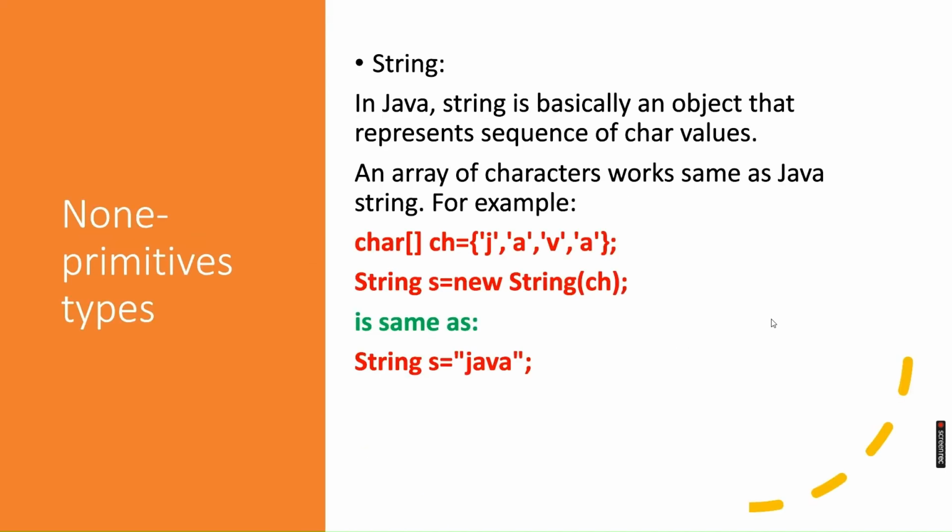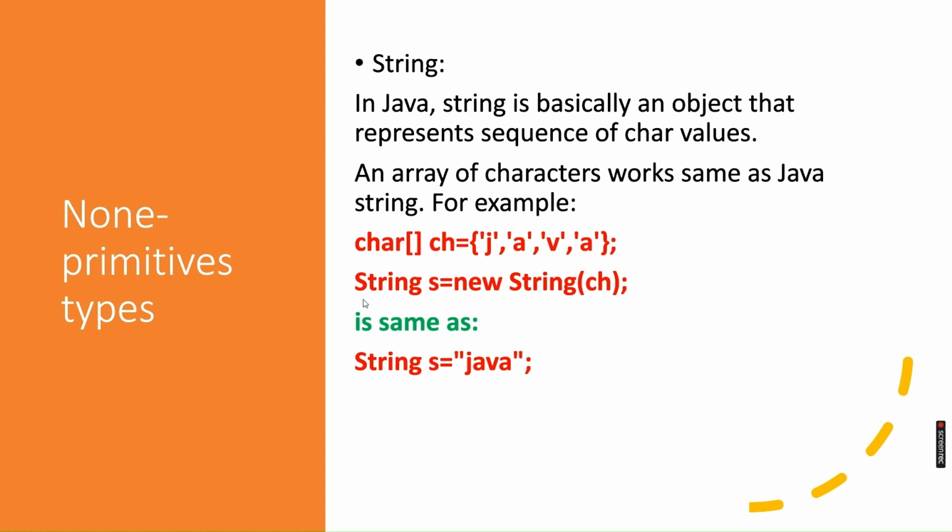Okay. Now, string. What is a string? In Java, string is basically an object that represents a sequence of char values. An array of characters works the same as a Java string. For example, if you create an array, the square brackets indicate that this is an array, and we initialize it with Java.